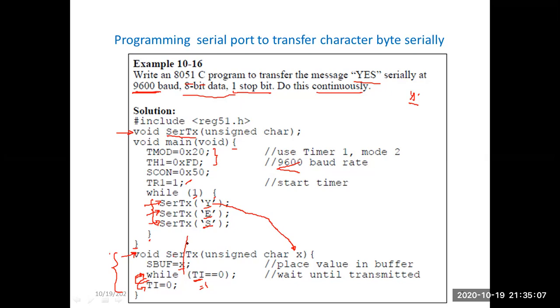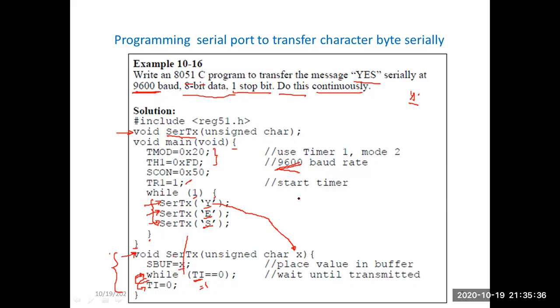After that it repeats, so we are continuously transmitting the message yes yes yes with a baud rate of 9600, as asked here: transfer the message serially at 9600 baud rate, and do this continuously. In this way this program transmits the same message continuously.